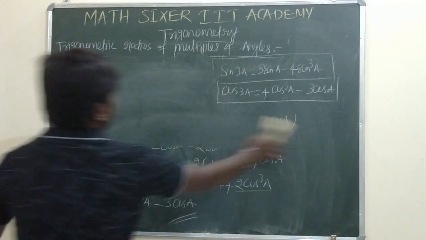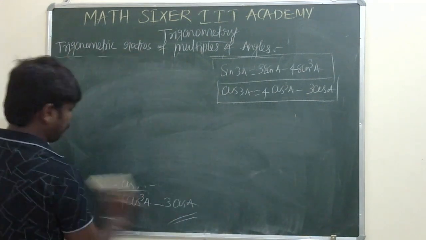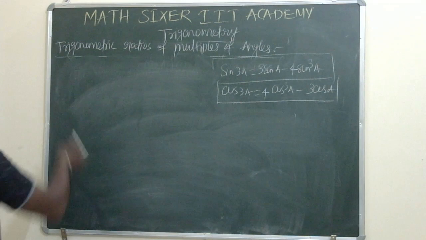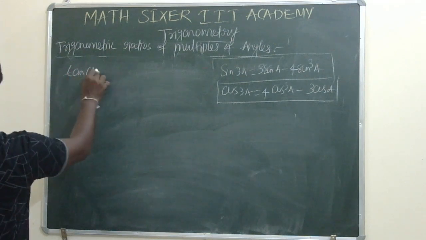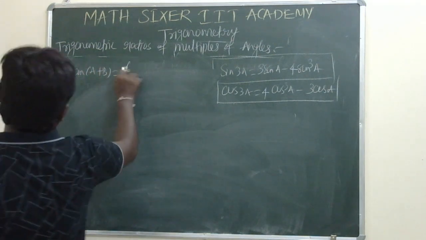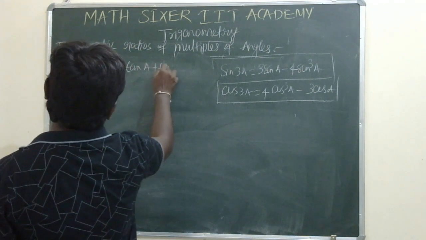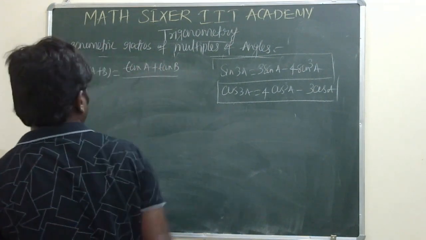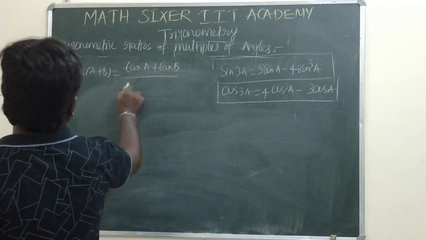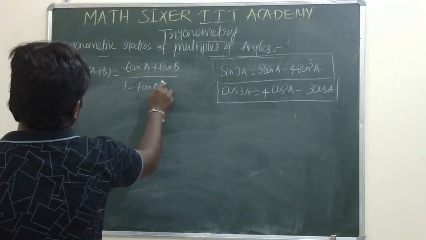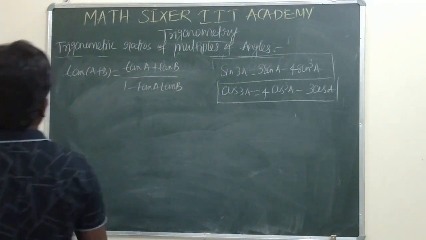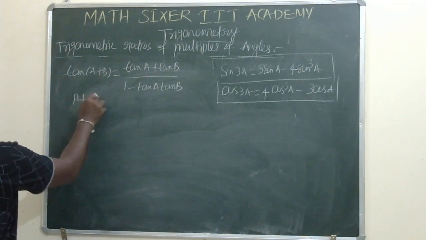Next we will find tan 3a. In a similar manner, I am taking tan a plus b. Tan a plus b means tan a plus tan b by 1 minus tan a tan b. Okay, so here substitute b is equal to 2a.